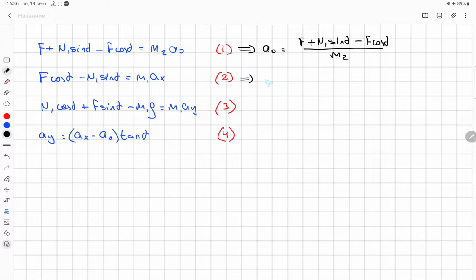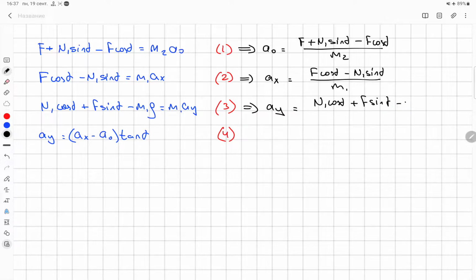From equation number 2, ax equal to F cosine alpha minus N1 sine alpha, divided by M1. From equation number 3, ay equal to N1 cosine alpha plus F sine alpha minus M1G, divided by M1.